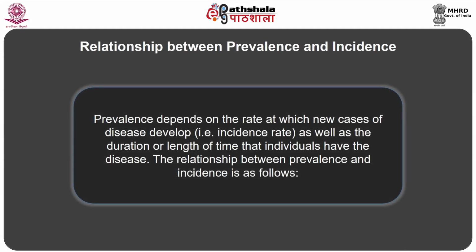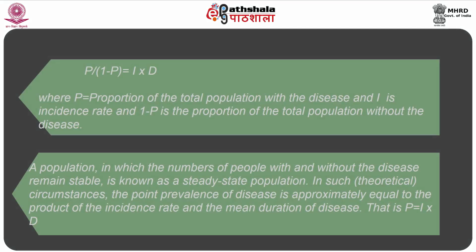Prevalence depends upon the rate at which new cases of disease develop, that is the incident rate, as well as the duration or length of time that individuals have the disease. The relationship between prevalence and incident rate is as follows: P divided by 1 minus P equals I times D, where P is the proportion of the total population with the disease, I is the incident rate, and 1 minus P is the proportion of the total population without the disease.